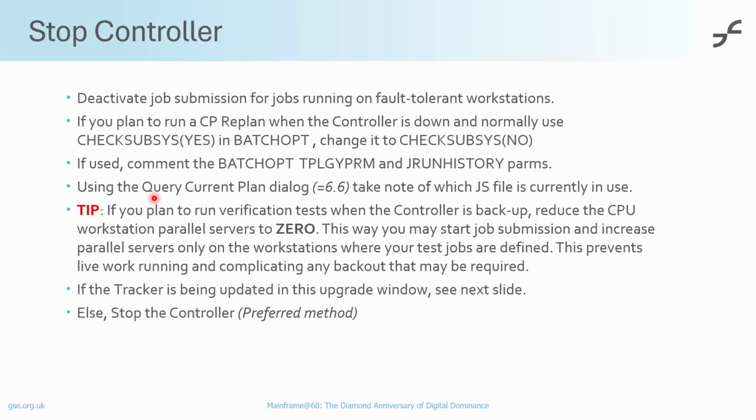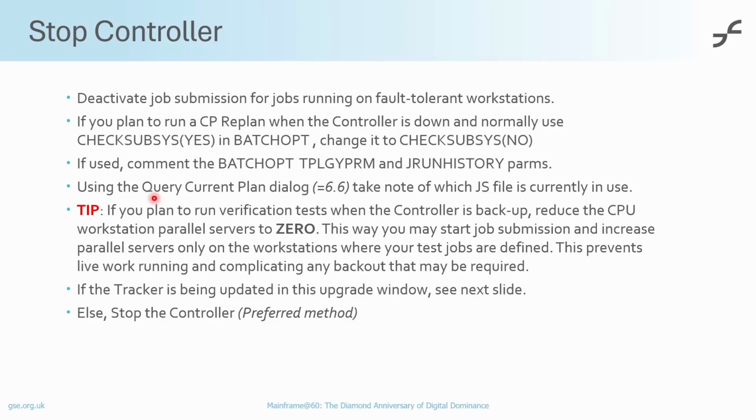Why do this? Because if you have production jobs running and then you discover that something didn't go fine, the fallback will be a little bit harder, and there will be some more steps involved to fall back. So it's better to be prepared for this situation.